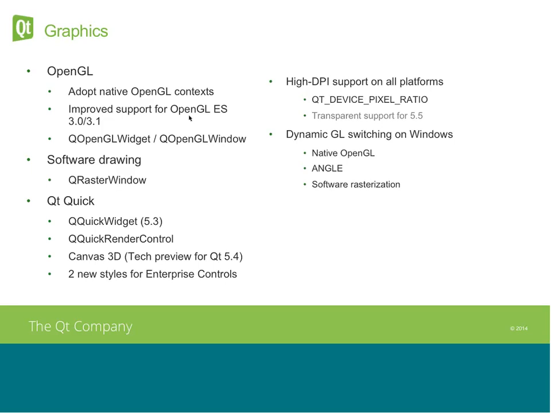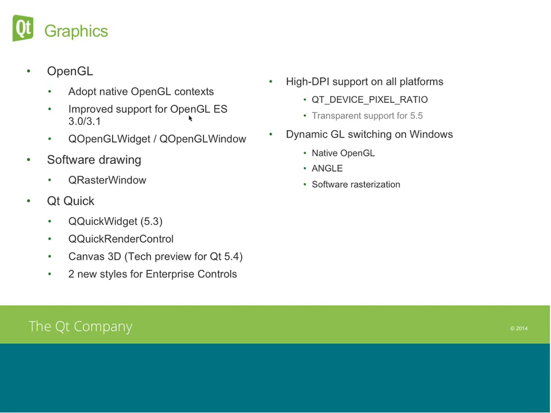And lastly, we've been attacking and tackling the OpenGL problems on Windows, where there are some problems sometimes because the native OpenGL drivers are not always available, not always of a good enough quality.